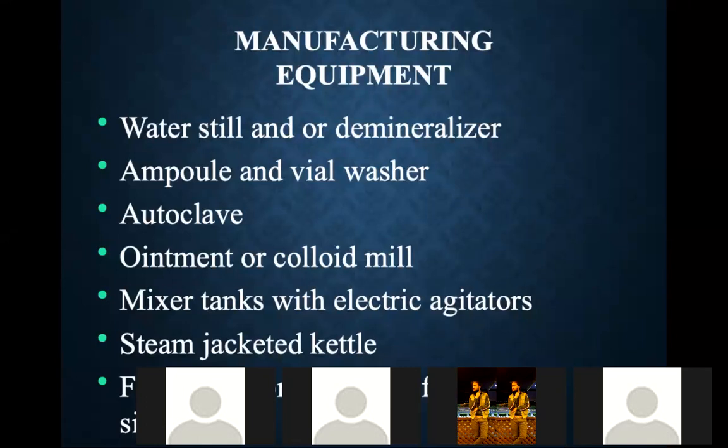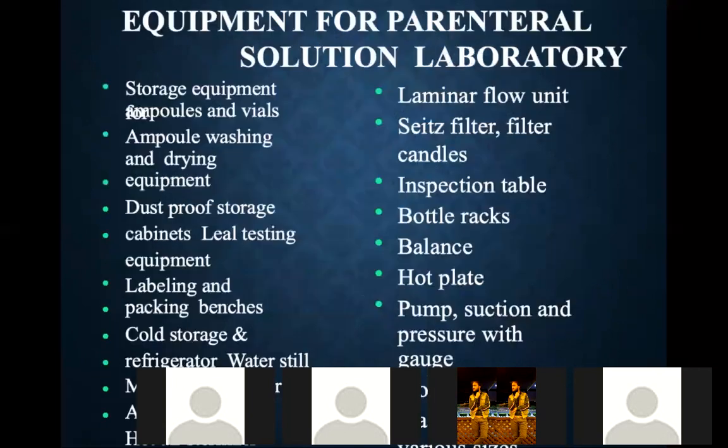Steam jacketed kettles are also required. Filter papers, filter press, automatic filter and siphon. Because in your lab you have different types of filter papers, but here you have an automatic filter and siphon by which you have to manufacture. So this equipment is required.